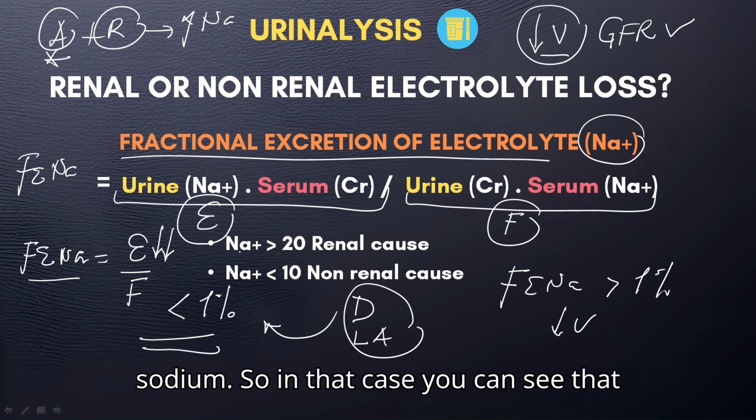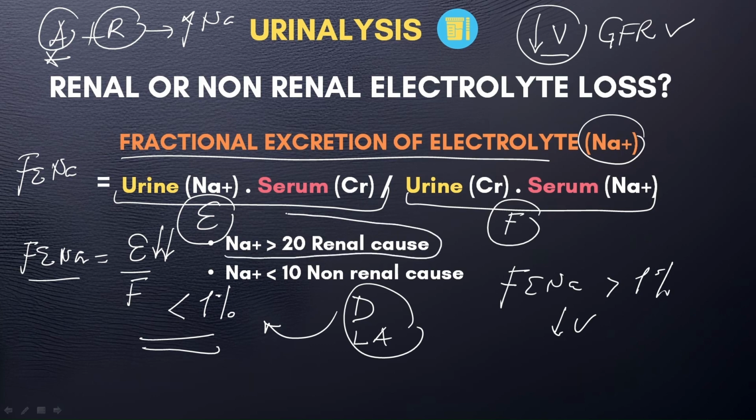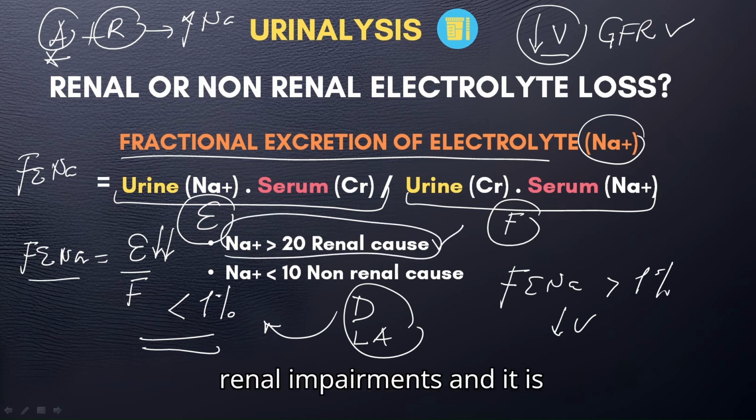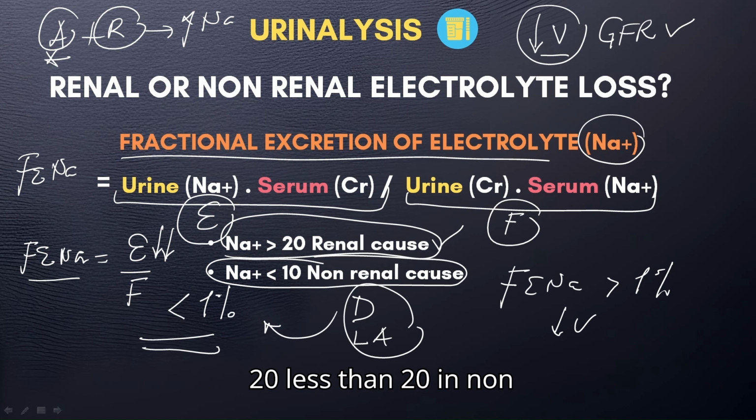In that case, urine sodium levels are greater than 20 in renal impairments, and less than 10 in non-renal causes. Some books would also say less than 20.